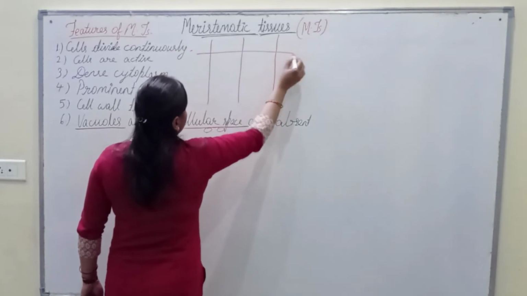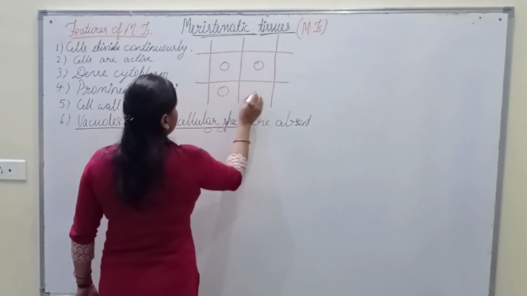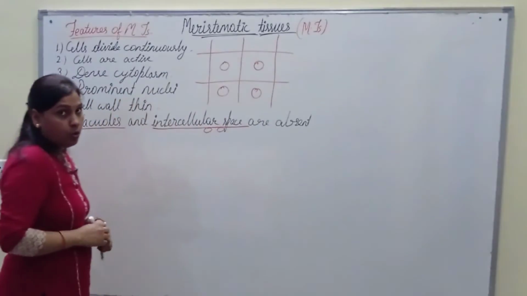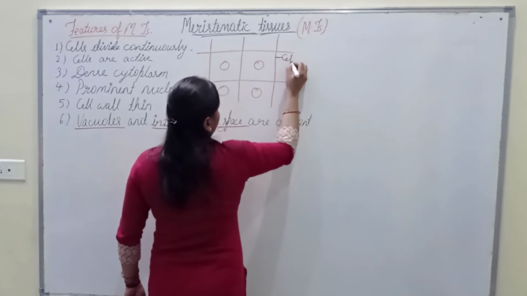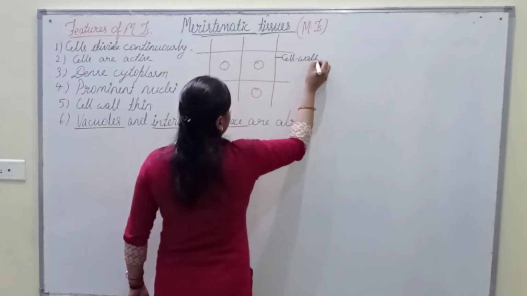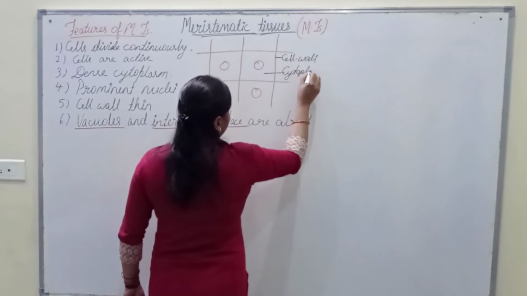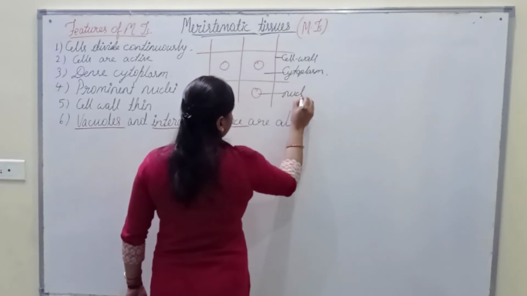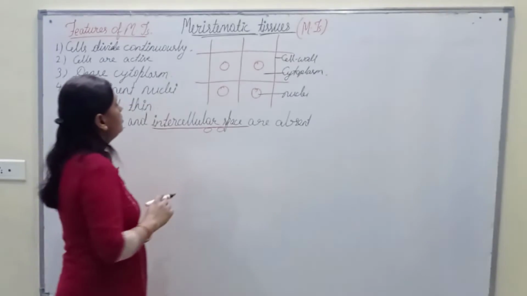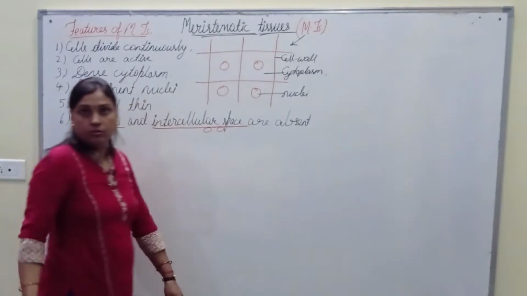Suppose these are the cells: it has prominent nuclei, this is the cell wall, dense cytoplasm, and these are the nuclei. So this is the figure of meristematic tissues.